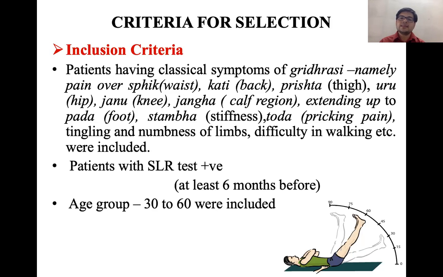And patients with a positive SLR test. As we see in the picture below, more than 70-degree SLR is negative, and if we find pain while raising our legs, if we find difficulty below 70 degrees, we should diagnose the case as some deformity in the back region, and if it is related to the spinal cord or nerve root compression, we can say it is sciatica.